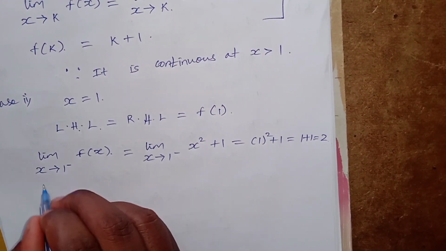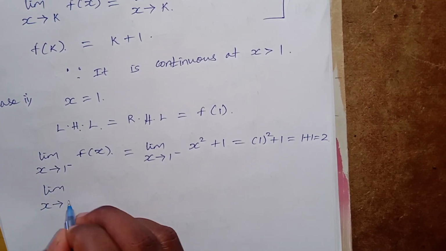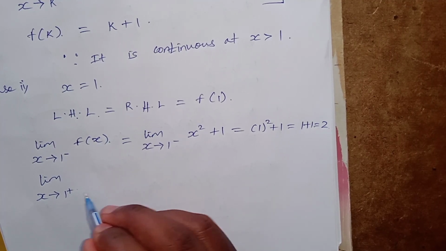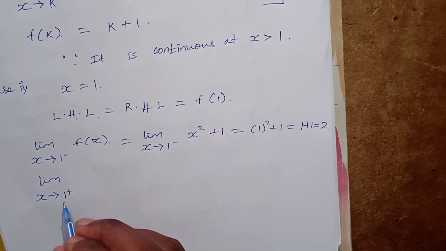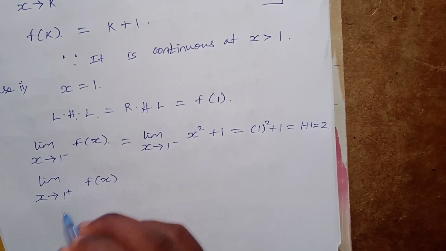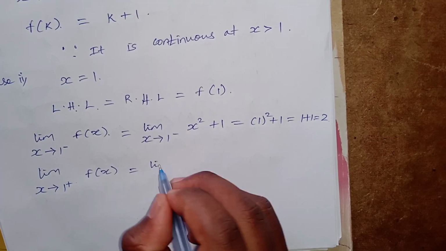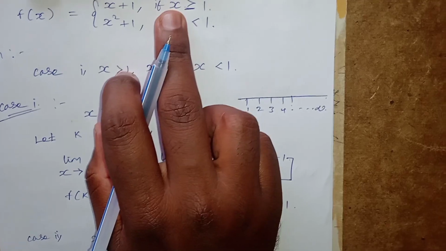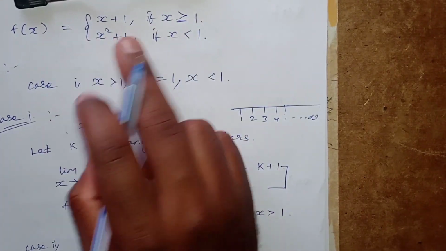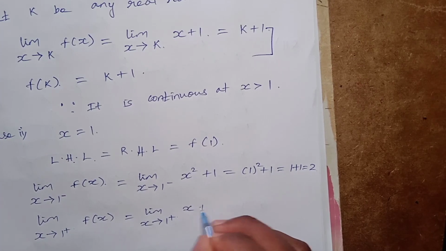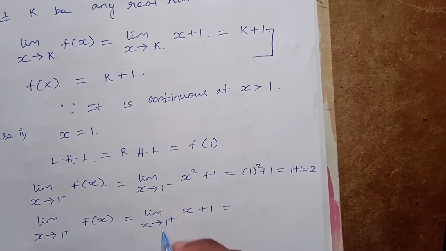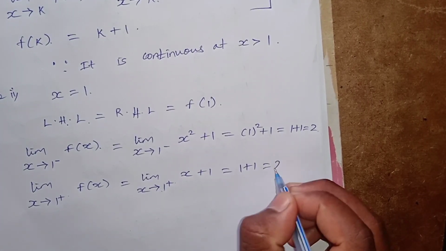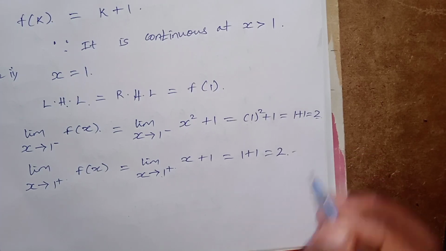Next, limit x tends to 1 plus, just greater than 1, 1.1, 1.2, like that. Here, greater than 1, you have to take the function x plus 1. Substitute 1 in place of x. Therefore, 1 plus 1 is equal to 2. These two are satisfied.